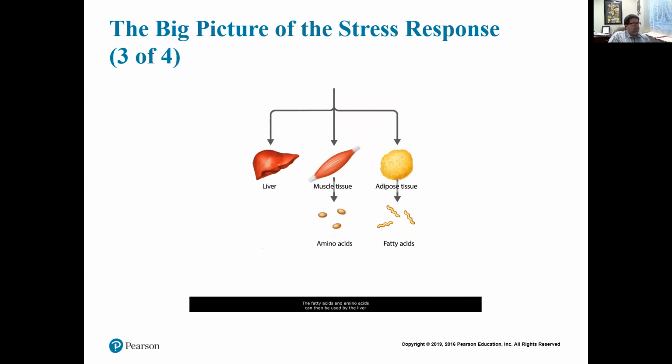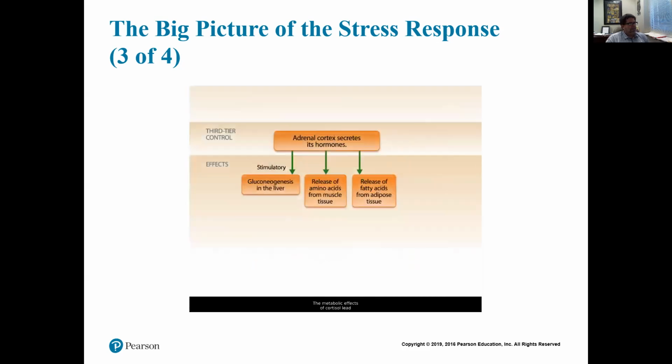The fatty acids and amino acids can then be used by the liver for gluconeogenesis, which is the synthesis of new glucose. The metabolic effects of cortisol lead to increased availability of fuel molecules for cells responding to stress.